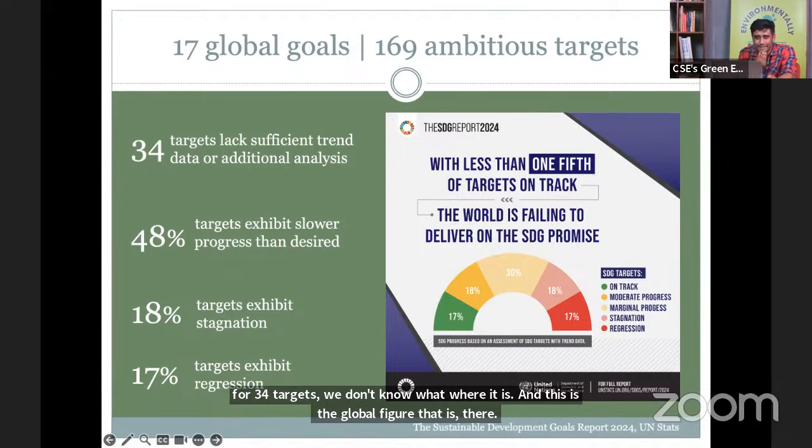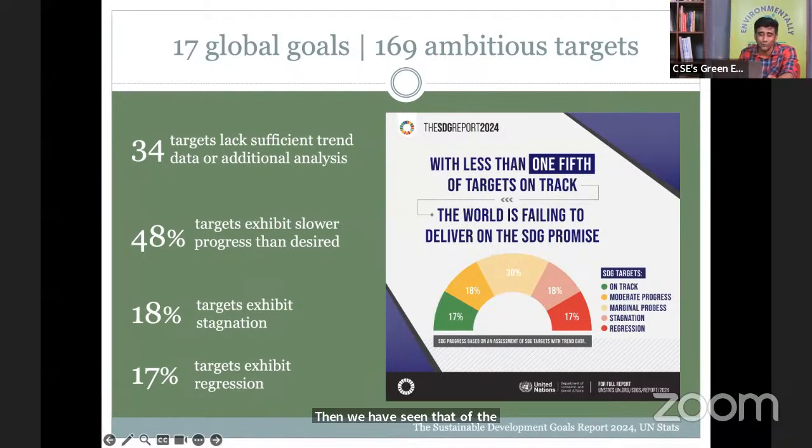Then we have seen that of the targets or the indicators that we have identified, in 48% of them, the progress is not as much as it is required. If you look at the semicircle pie on the right, the light yellow color and the light pink color, these are those indicators.